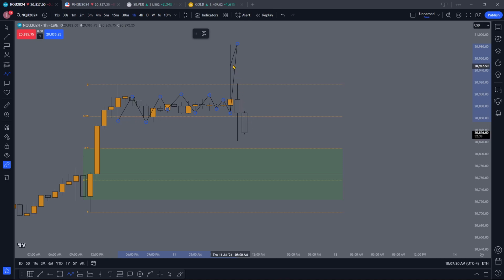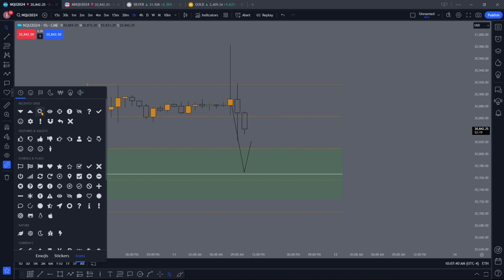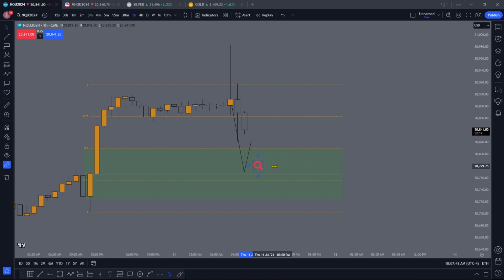But what I think the true manipulation is going to be is this move lower here, into equilibrium and into this possible mitigation right here, which will serve as my new assessment point. And then at this point here, I'll get the magnifying glass out so you can see.